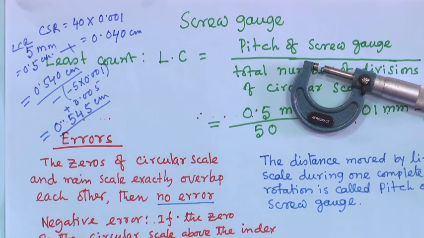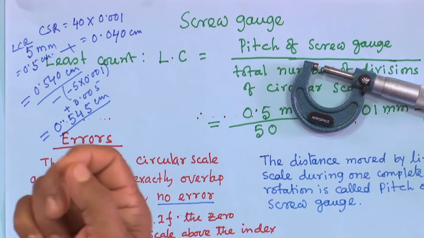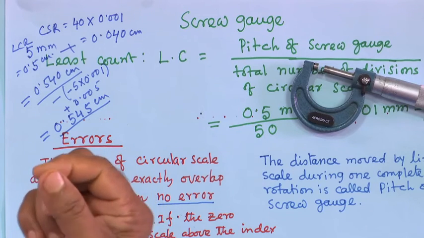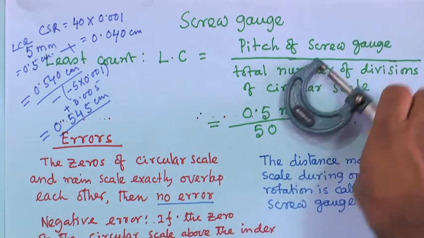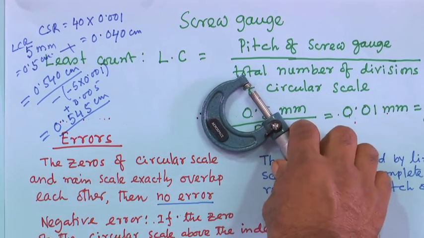Okay. So, this way one can use the screw gauge for measuring the thickness or diameter of a very thin wire. This screw gauge is very useful, and it gives better accuracy. Okay. So, meter scale, slide calipers, screw gauge, all are for measuring length.